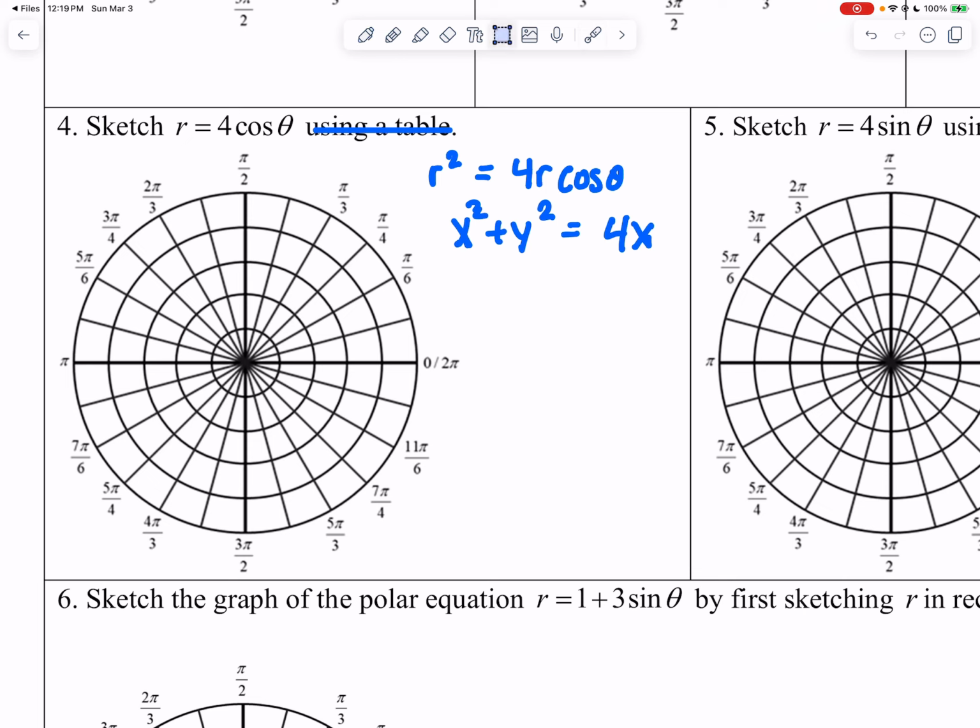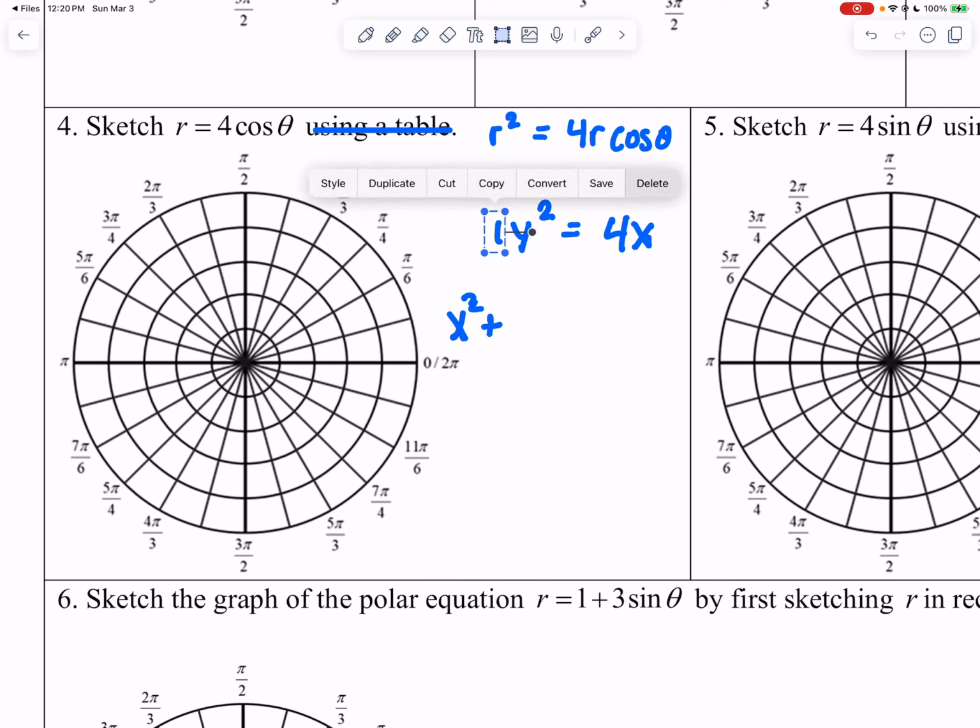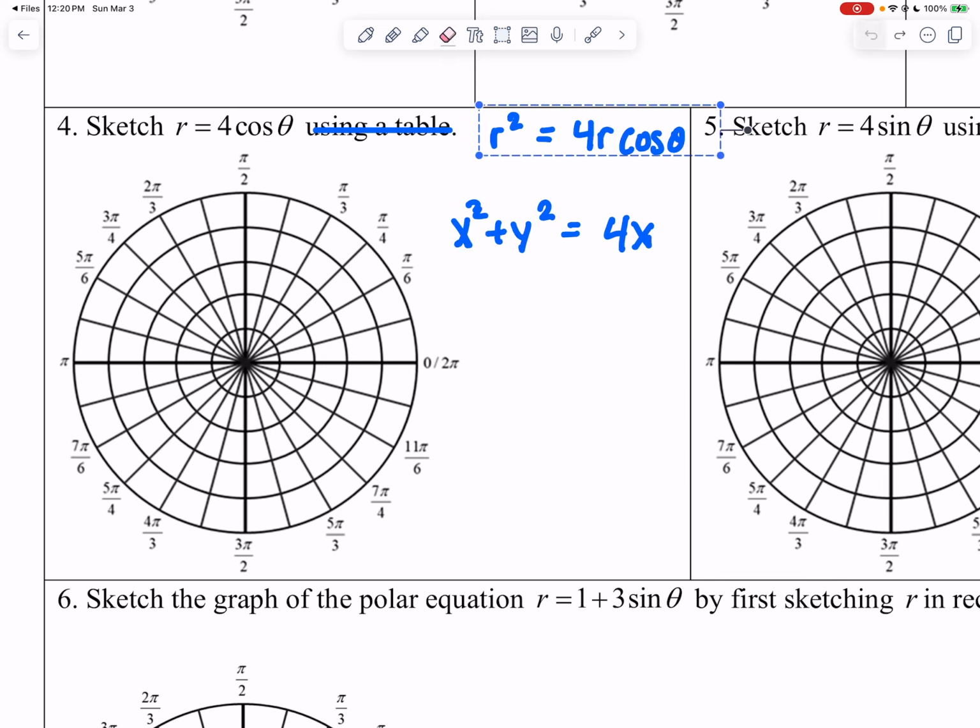So let's think about it this way in terms of, hey, maybe we need to complete the square to figure out what my center is going to be and what my radius is going to be. Now I'm going to have x squared minus 4x plus blank plus y squared is equal to 0.